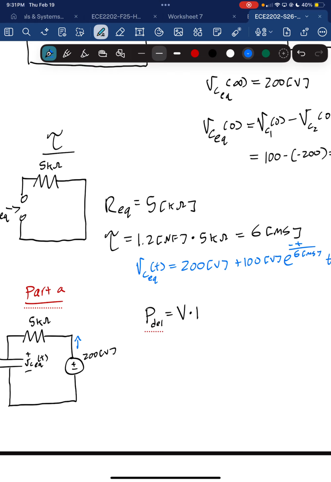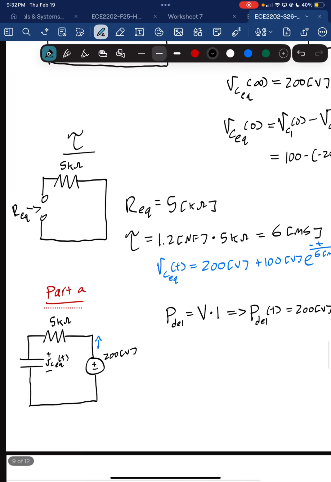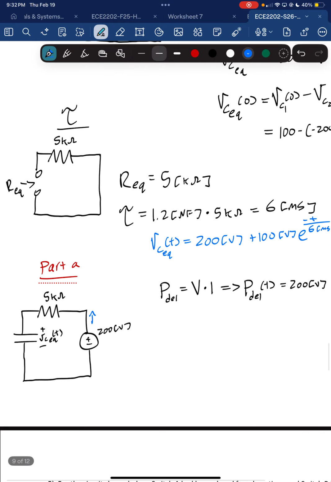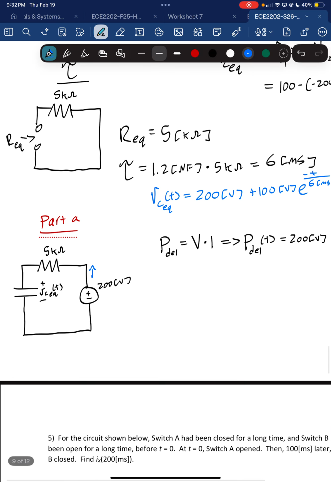Therefore, power delivered will really be a function of time, where V is a constant, 200 volts, and I is the current leaving the battery. Now, what else could we say about this current? What else could we call it? It's a function of time, but what?